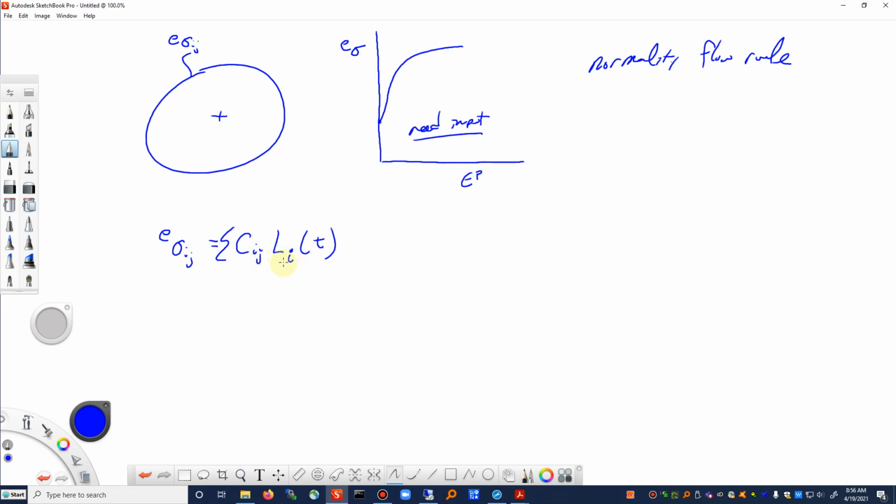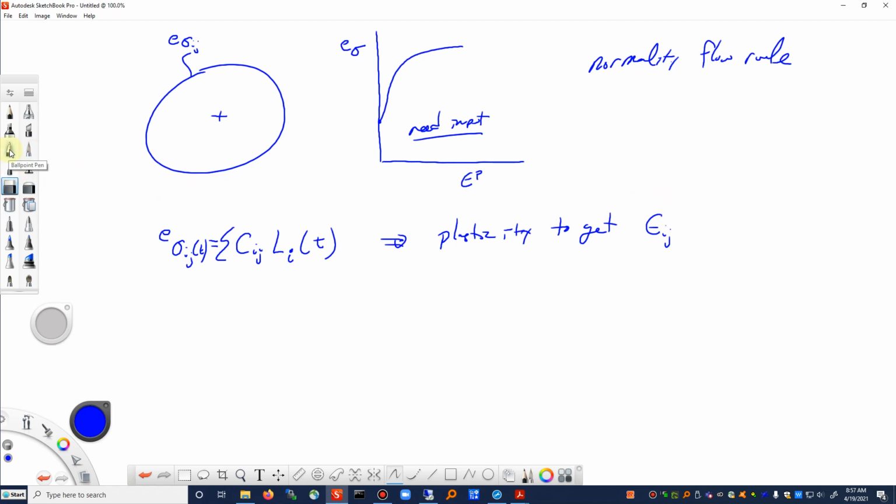So the Cij corresponds to load Li. We add all of these up to get the total time history of pseudostress. Once we have our time history of pseudostress, then we use our plasticity algorithm to calculate our notch root plastic strain. And the elastic part comes from regular Hooke's law.